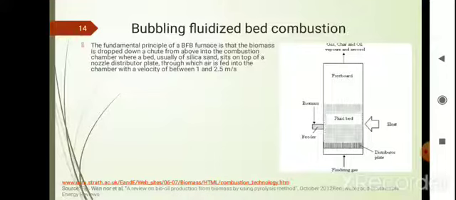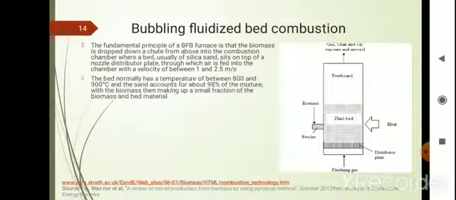So you can see at the bottom we have a distribution plate, and through the openings of that distribution plate we have small nozzles. Air is passed through; normally air is used as the fluidizing gas. Air is passed to suspend or convert the bed into fluidized state, and biomass is fed into the feeder. So this is a figure of that.